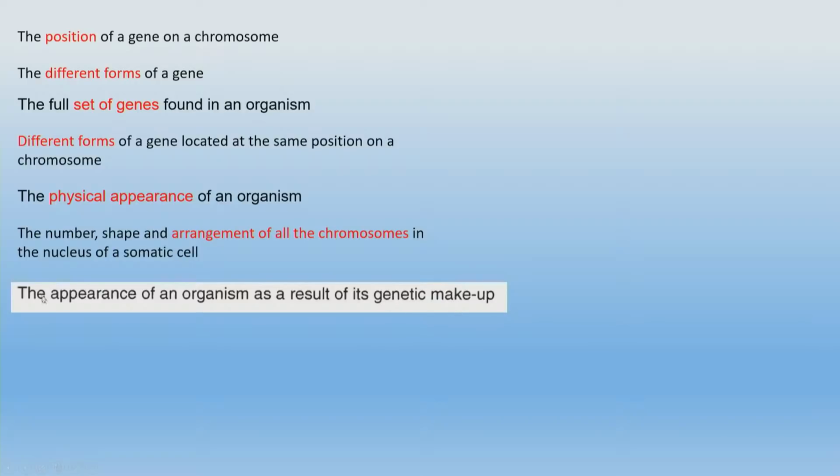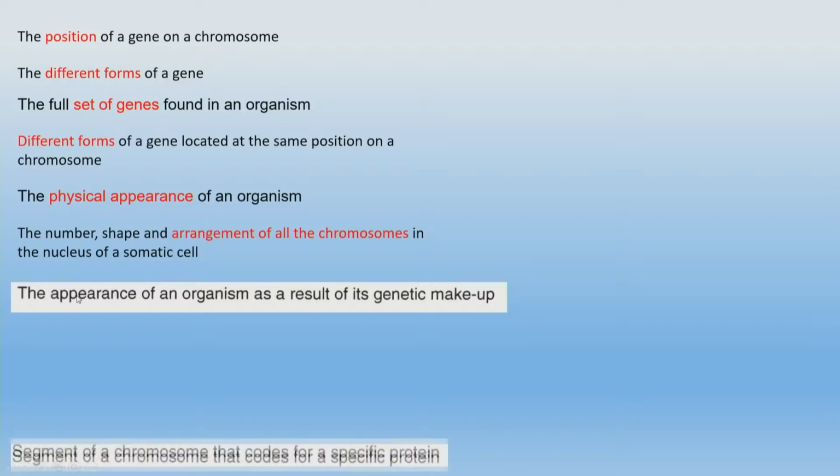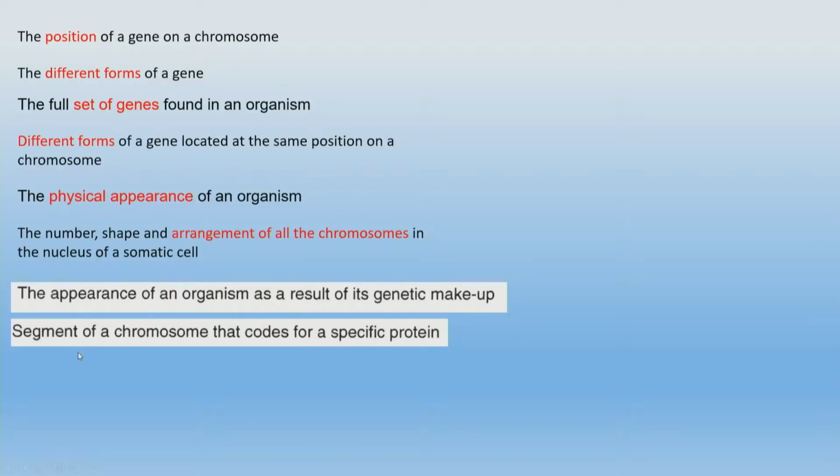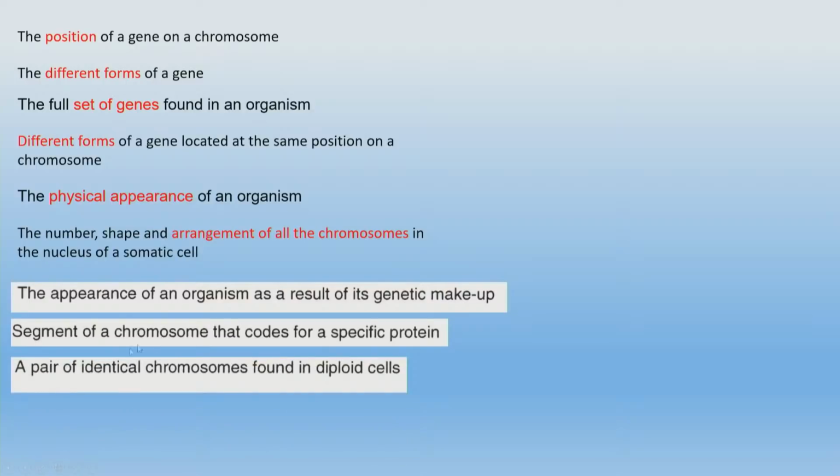But now they ask the appearance as a result of its genetic makeup, that is a phenotype. A segment or a part of a chromosome that codes for a specific protein, part of the chromosome, is the DNA. A pair of identical chromosomes found in a diploid cell is homologous chromosomes.